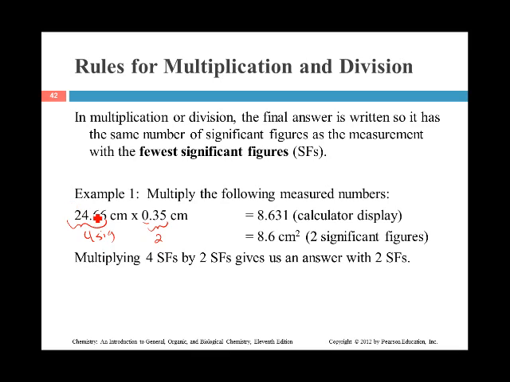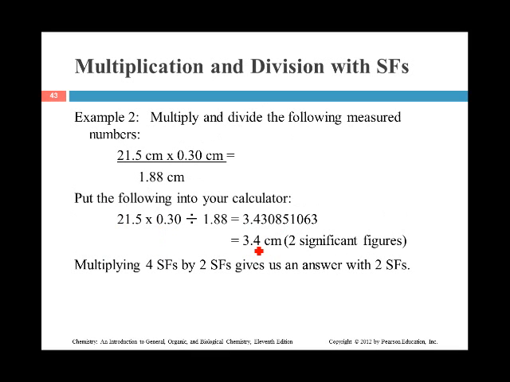So 24.66 times 0.35, this is what we get in our calculator. We look at 4 and 2, 2 is less, so that's how many digits we want in our answer. Another example, we have 3 significant figures here. Leading 0 doesn't count, trailing 0, but it has a decimal, so that means we have 2, and we have 3 here.